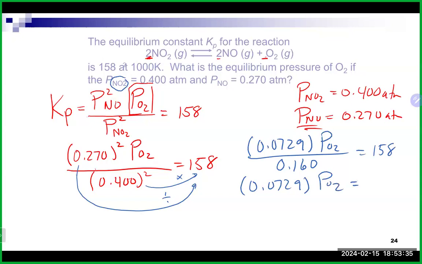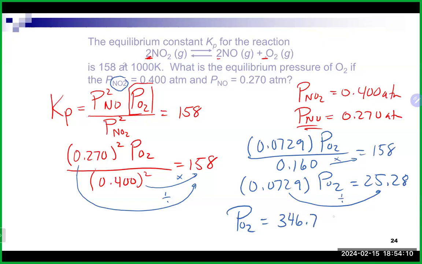And we'll take 158 times 0.16. Looks like it is 2528. We're then going to divide this now to the other side. We multiplied that, and at this point, that will give us our partial pressure of O2, which should be about 346.7.